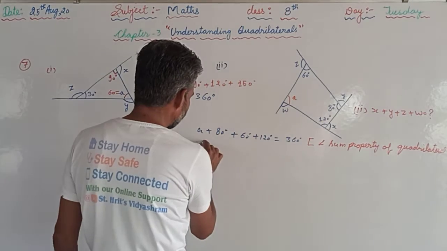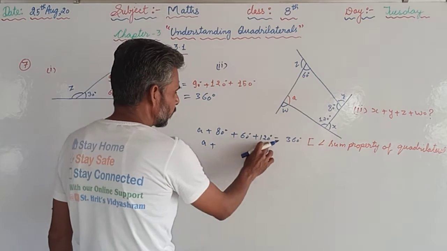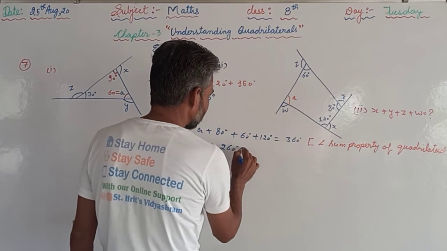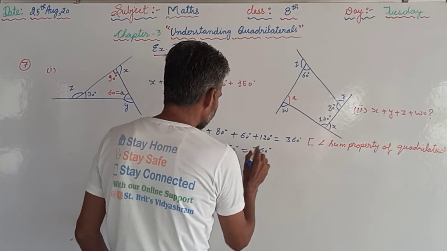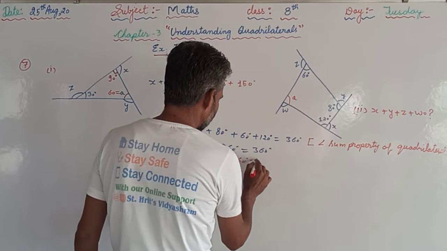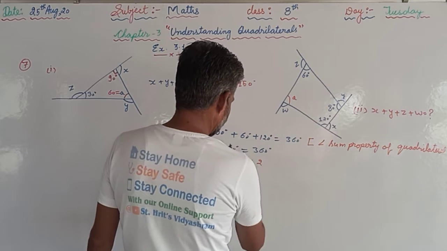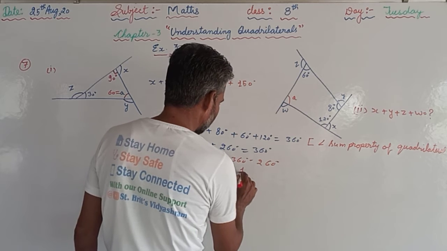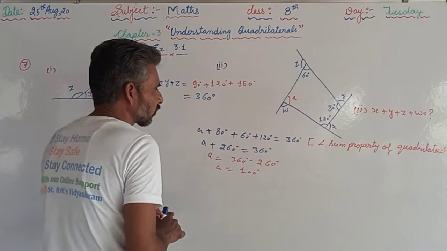So from here we can write A plus 120 plus 80, 200, 200 plus 60, 260 equals to 360. From here we calculated A is equals to 360 minus 260, that is A is equals to 100 degrees.